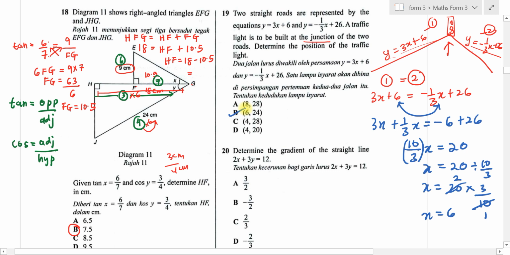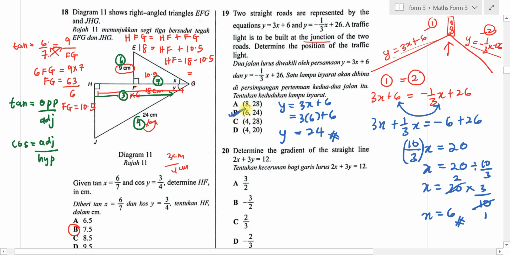Anyway, you need to find the y as well. Just substitute into y equals 3x plus 6, replacing x with 6. So you can see 24. So x is 6, y is 24.